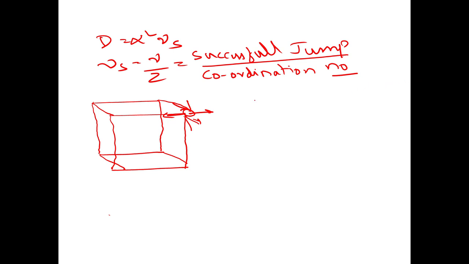So then gamma s is equal to gamma divided by 6, and the D value is given as 1 by 6 into gamma into alpha square.